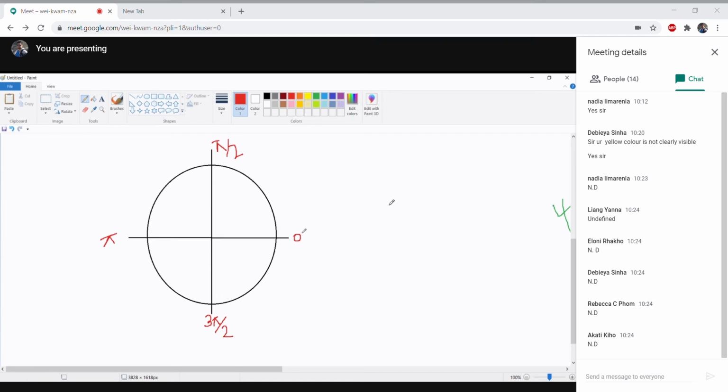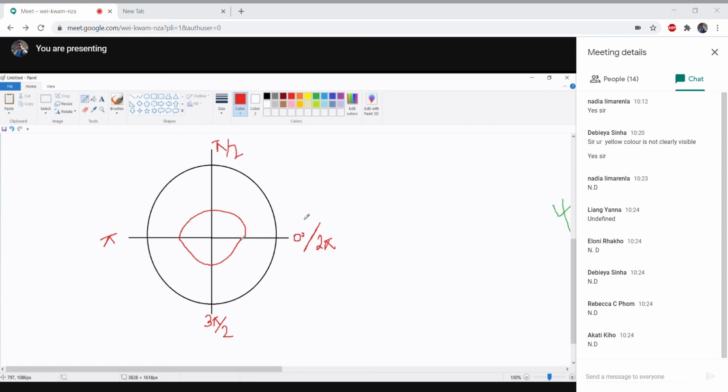This is also 2 pi, this is also 0 degree or 2 pi, because this is the rotation.